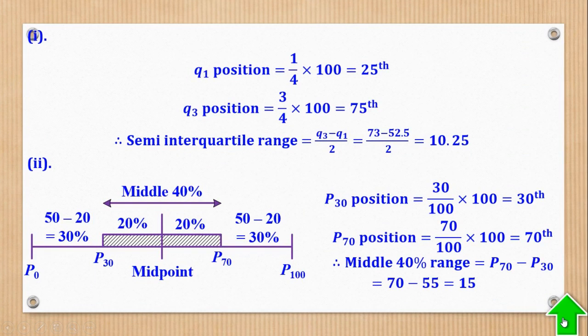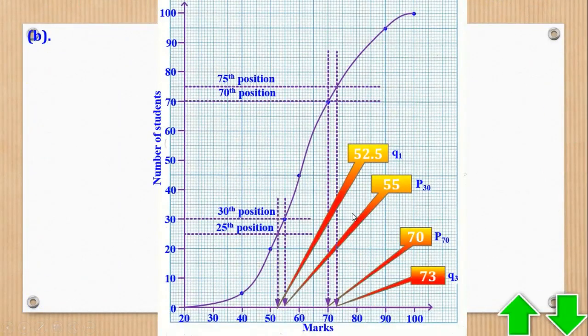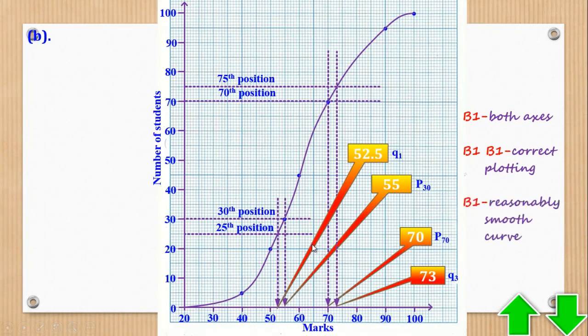So let's see the marks for this graph. B1 for the axes, both axes labeled. 2 marks for plotting points correctly, and B1 for a reasonably smooth curve. It has to be smooth.